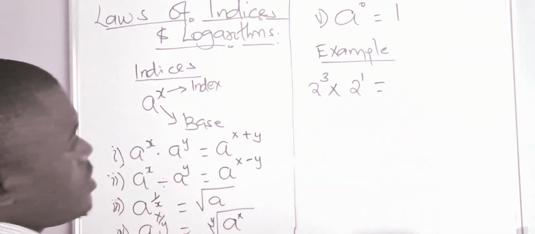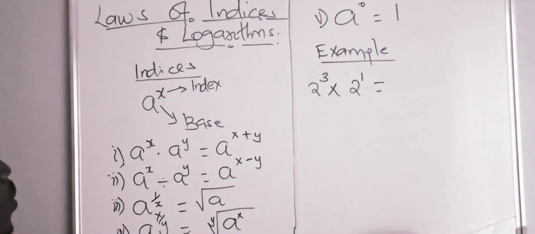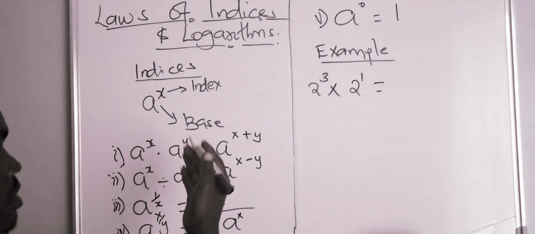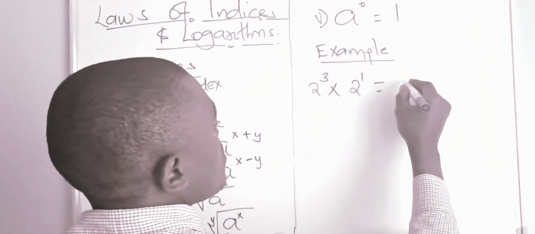It must be using the first law, a raised to x multiplied by a raised to y. We can say it is 2.